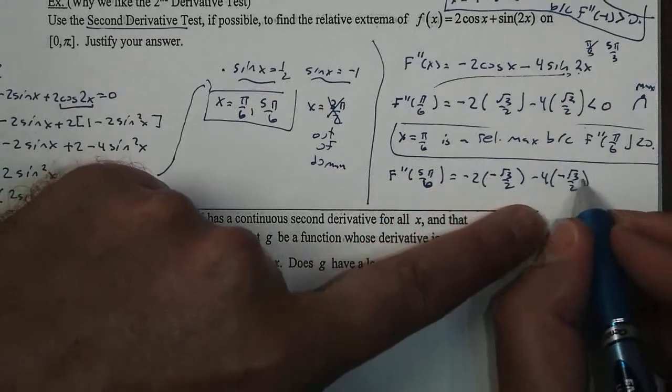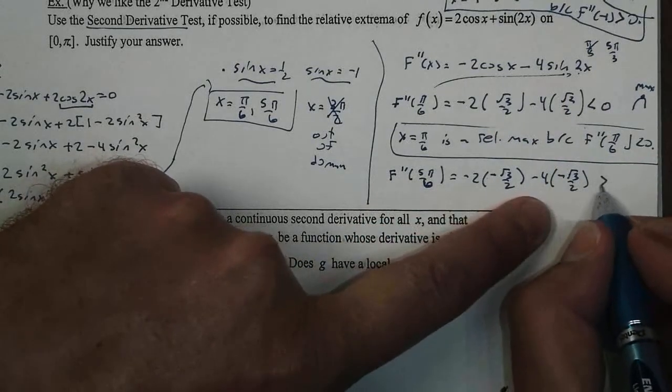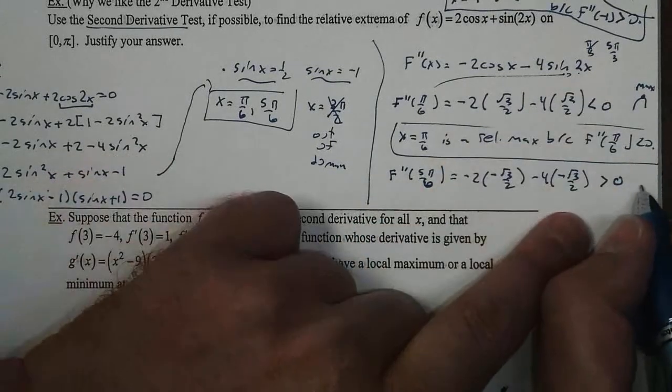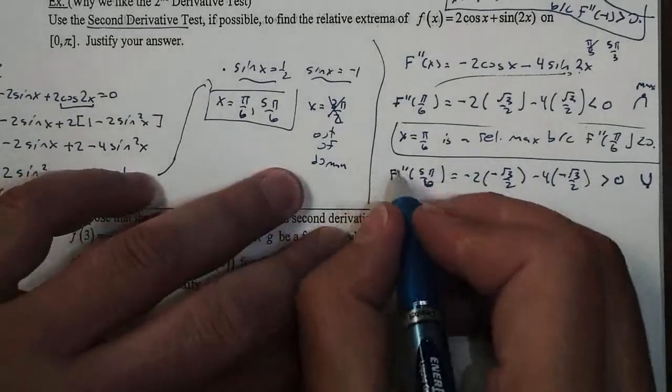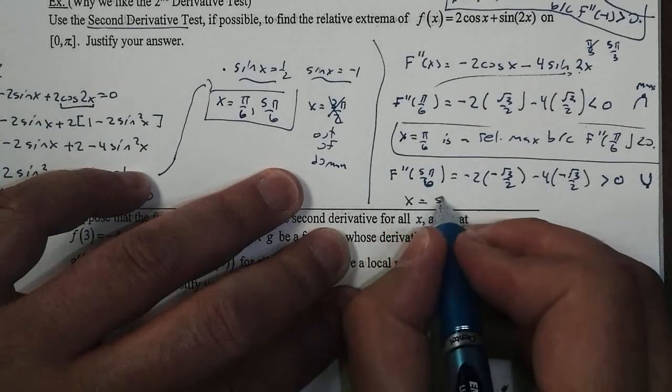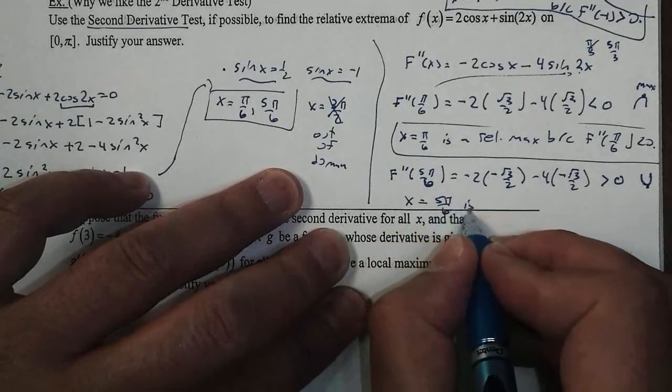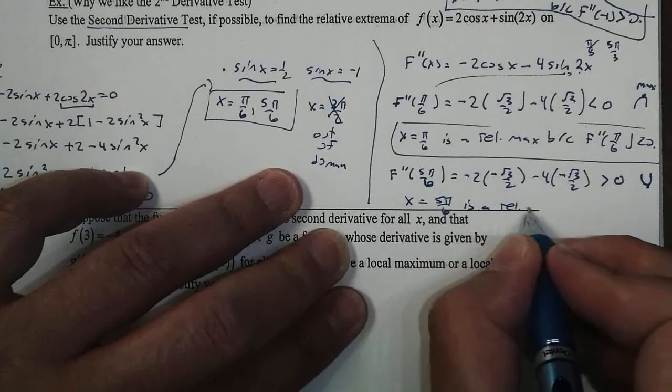Two negatives make a positive, and I'm adding, so this is going to be greater than 0. Therefore, this is going to be concave up. Notice I'm drawing it concave up. So we can say x equals 5 pi over 6 is a relative minimum.